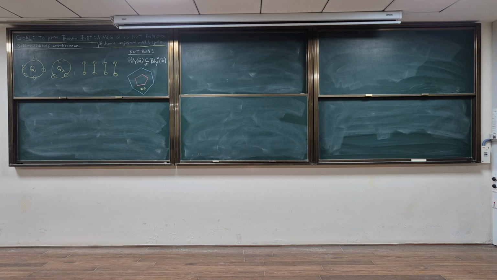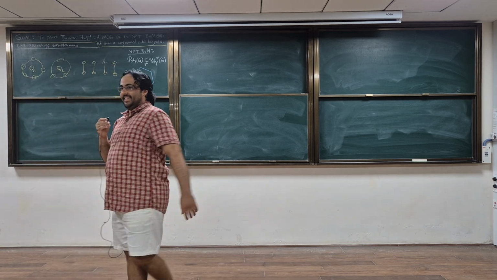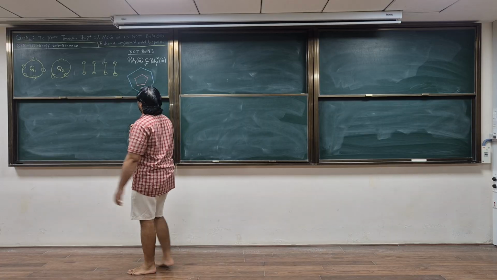Anyone else? Okay, maybe I'll give you a hint. I will tell you which one is the easier direction, and then you can tell me why it is the easier direction.